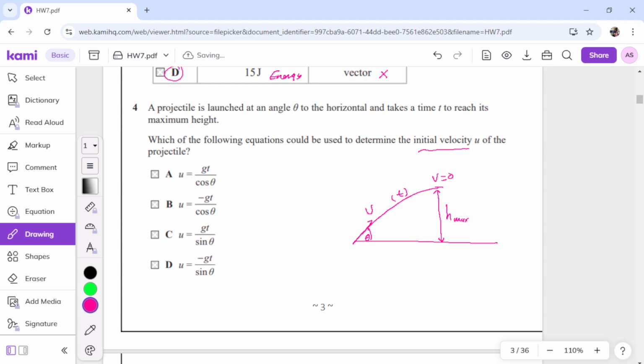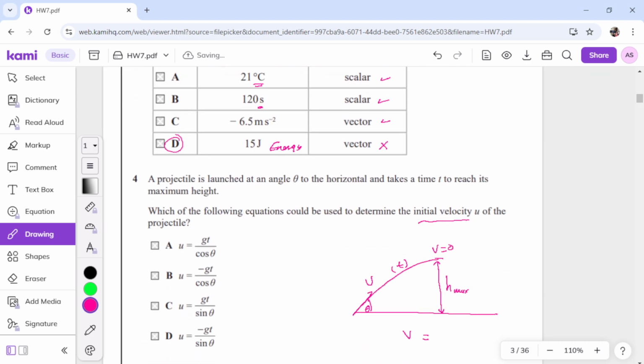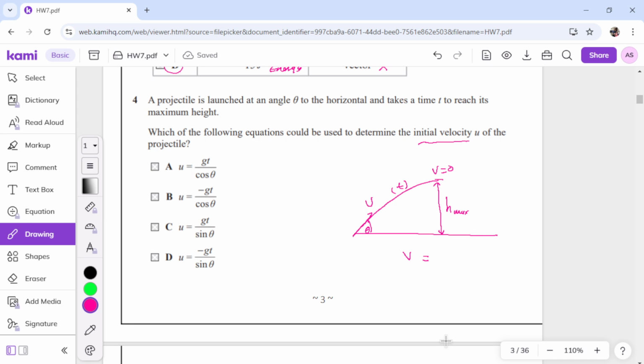As you know, from the equation sheet, v equals u, because we have projectile motion, so we have ux and uy. Ux is u cosine theta and uy is u sine theta. We will use u sine theta because we are talking about the vertical velocity.